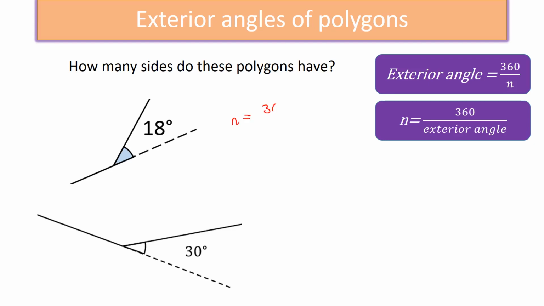So I need to divide 360 by the size of the exterior angle, and that gives me 20. So the first shape has 20 sides. Then the other shape, again using the same method: 360 divided by 30, which is 12. So the second shape has 12 sides.